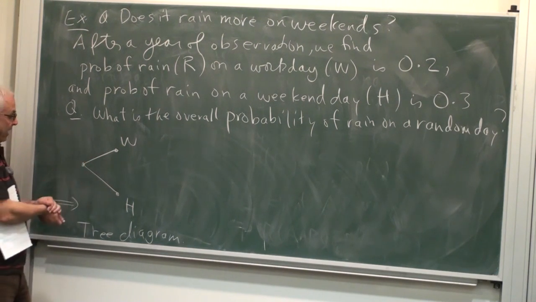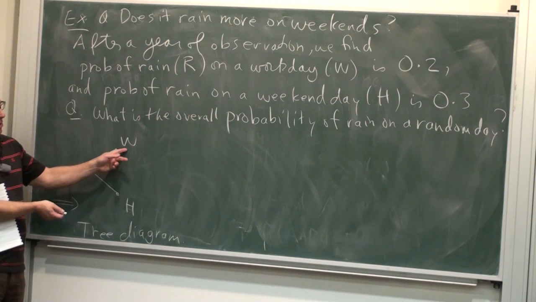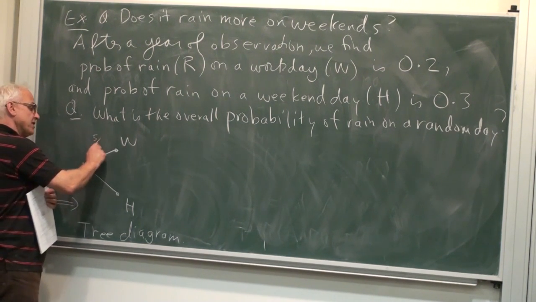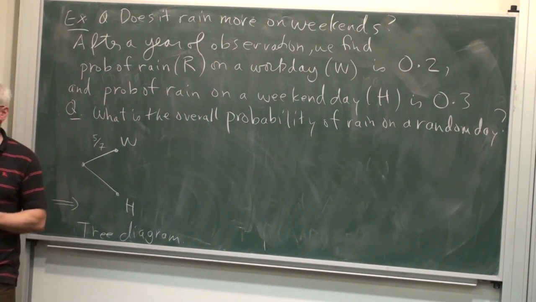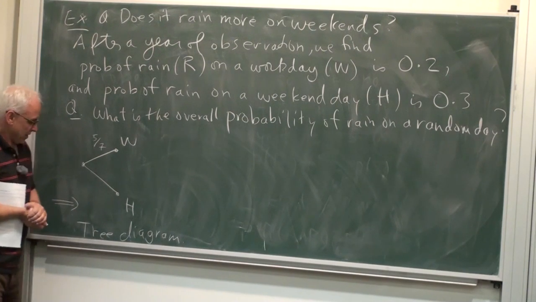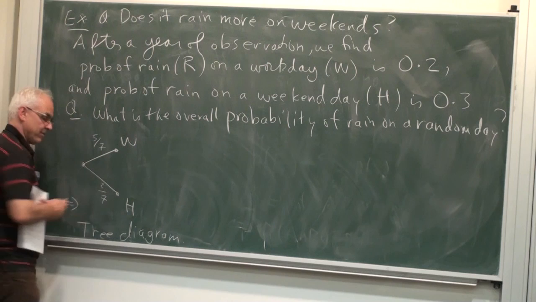If you choose a random day, what's the probability of that random day being a work day? The probability is 5 over 7 because there are 5 working days out of 7. So we're going to ignore holidays and such things. And the probability of being a weekend day is 2 out of 7.